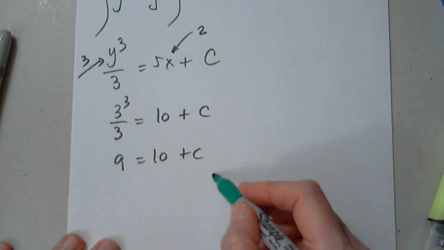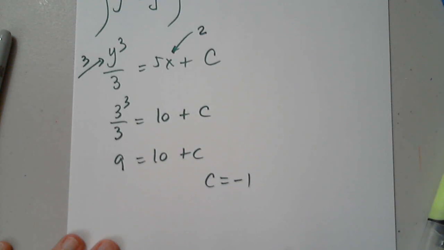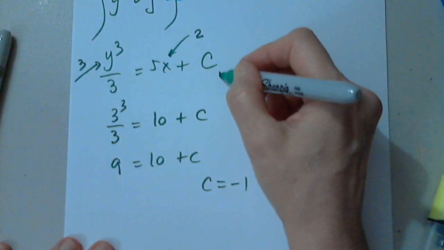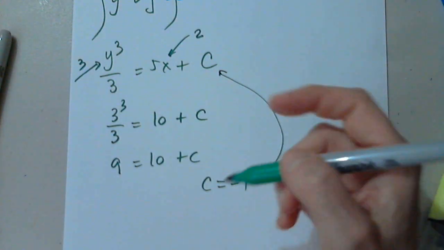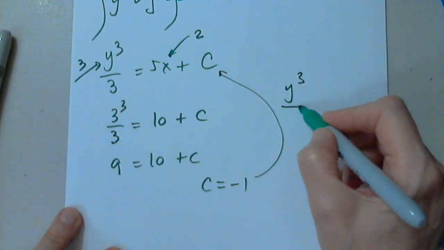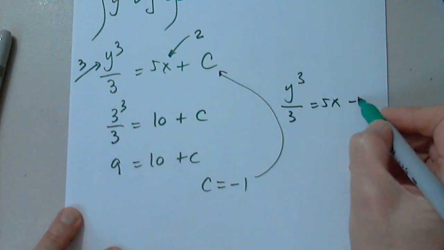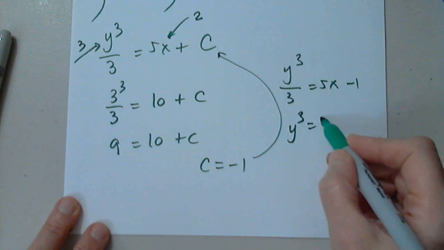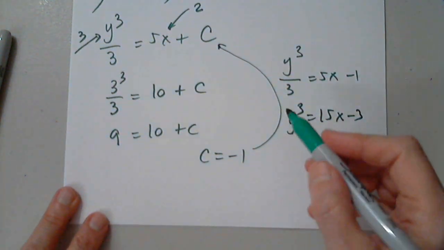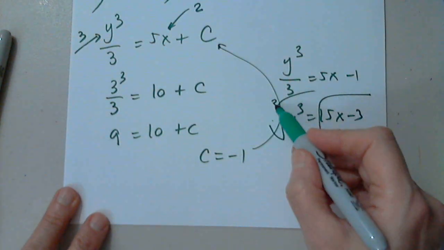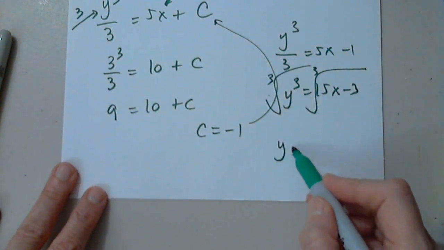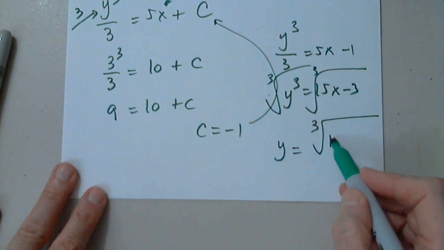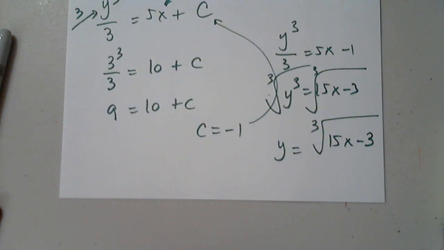So then c must be negative 1. So I go back and plug it in. So I have y to the third over 3 equals 5x minus 1. I multiply by 3 first, and then I apply the cube root. So I get y equals the cube root of 15x minus 3.